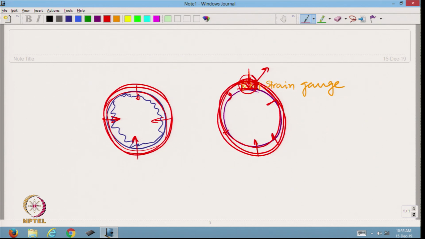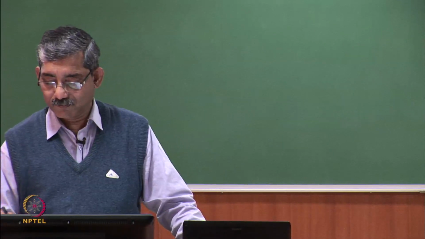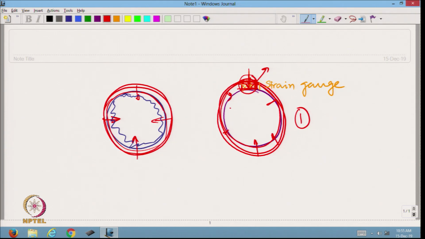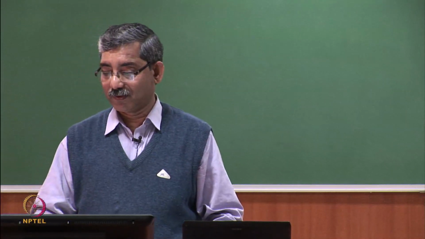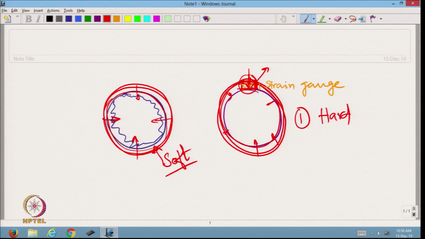So, the main drawbacks are, first, that these are on a hard surface, but the actual compression is on a soft surface. So, we are not getting the actual measure of the compression force.